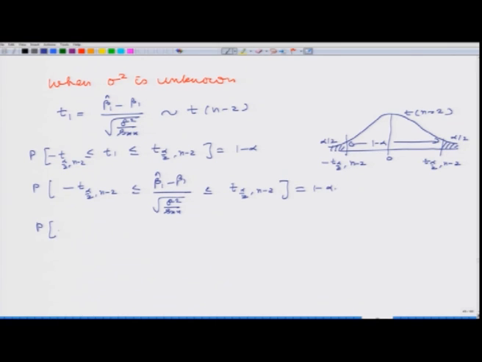Or this can be written as beta 1 hat minus t alpha by 2, n minus 2 times the square root of sigma square hat over Sxx is less than or equal to beta 1, which is less than or equal to beta 1 hat plus t alpha by 2, n minus 2 times the square root of sigma square hat over Sxx, and this probability is equal to 1 minus alpha.